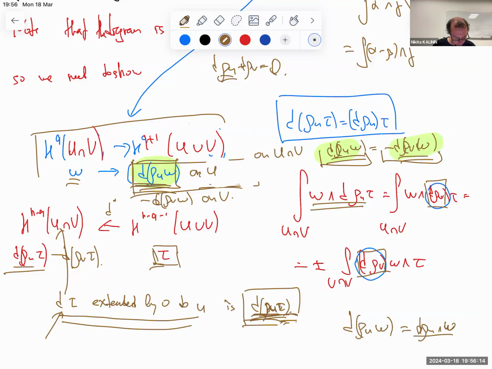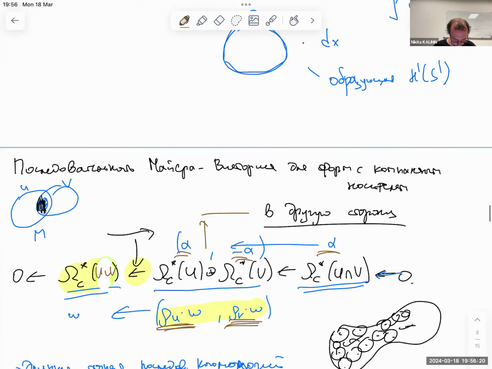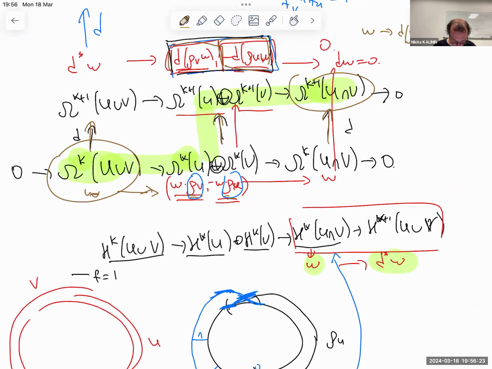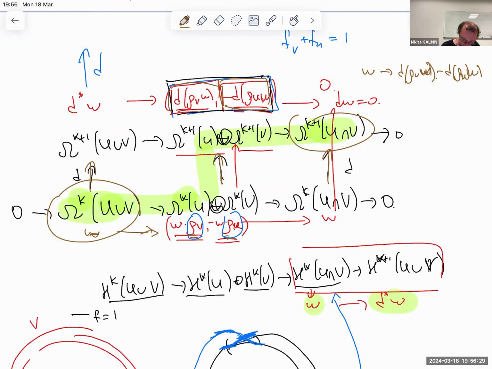Let's look at the definition in the initial Mayer-Vietoris sequence. You have a form, you multiply it by the partition of unity, but since your diagram is commutative, when you go by the differential here and here, you go to 0. If you do not want 0, you keep just one part of it.